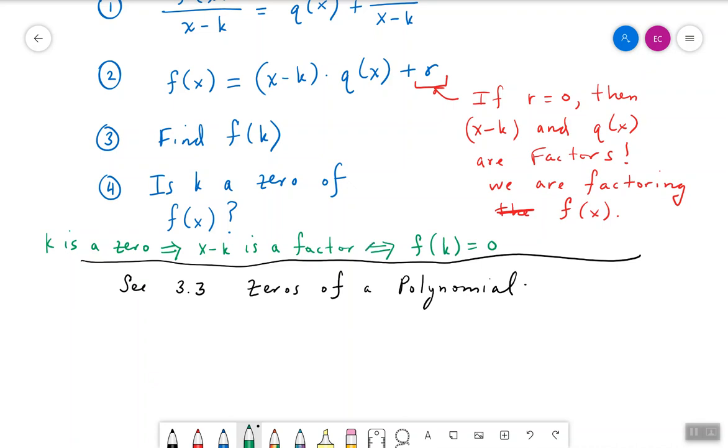And we can put a double arrow on these implications to say that each statement implies the other two.